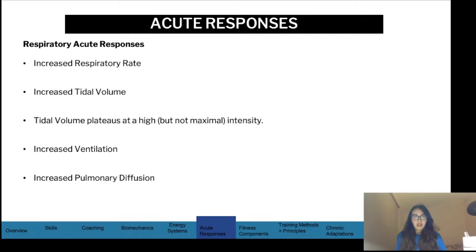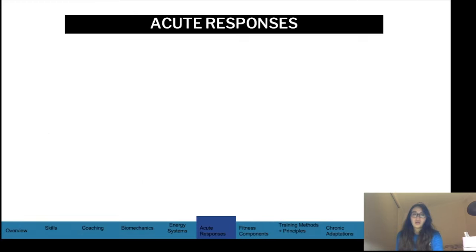These increase. You have deeper breaths and faster breaths, because your body wants to get more oxygen in to diffuse across the lungs, get to the bloodstream and get taken to the working muscles. More oxygen to the working muscles means more aerobic energy production and less anaerobic energy production, and therefore less fatigue. So they all kind of revolve around that idea.